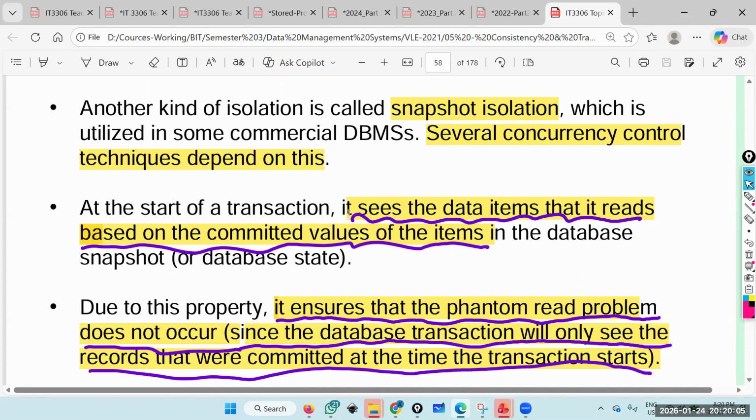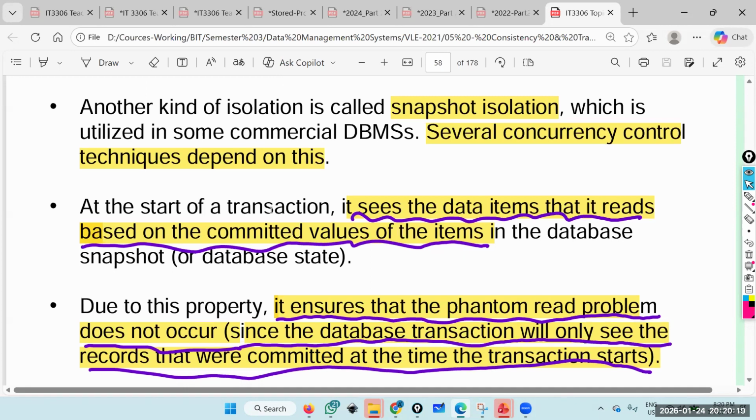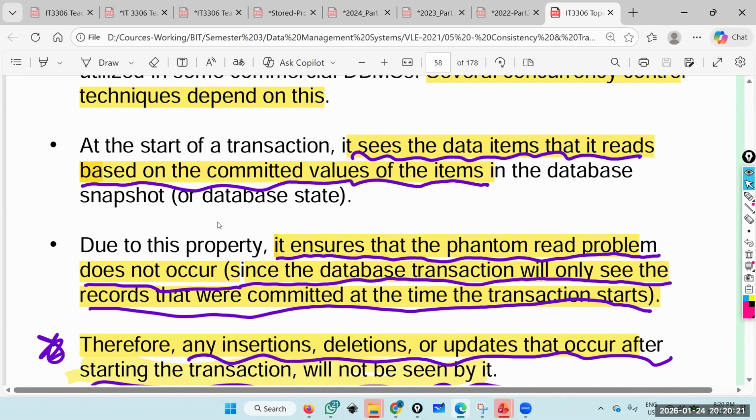At the start of the transaction, it sees the data items that it reads based on the committed values of the items in the database. That is a snapshot. So it looks at only committed values. Due to this property, it ensures that the dirty read problem doesn't occur, since the transaction will only see records that were committed at the time of transaction start.